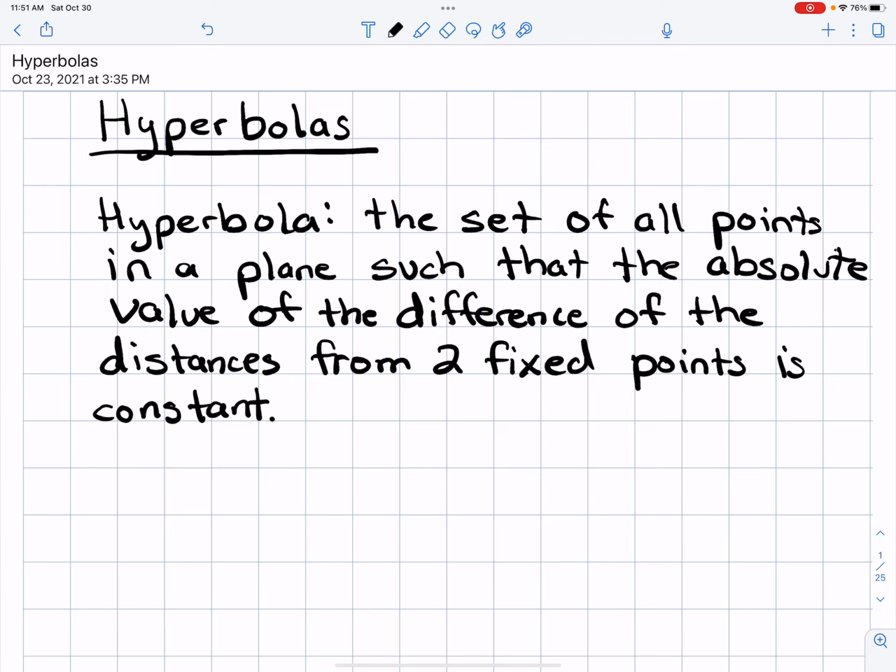Don't worry, I'm going to draw a picture in just a minute to show what this means. The two fixed points are the foci of the hyperbola.